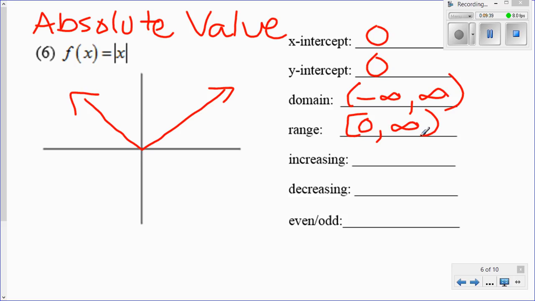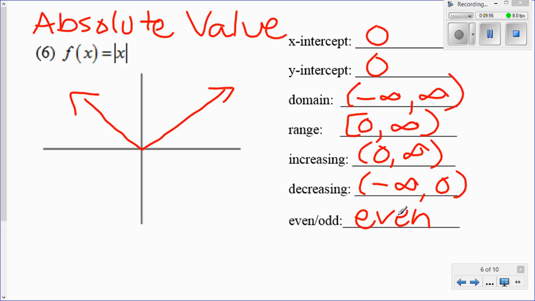Now, again, for increasing and decreasing, if we read it left to right, this function is decreasing from negative infinity to 0 and then increasing from 0 to infinity. And this is actually an even function. It's symmetric with respect to the y-axis.